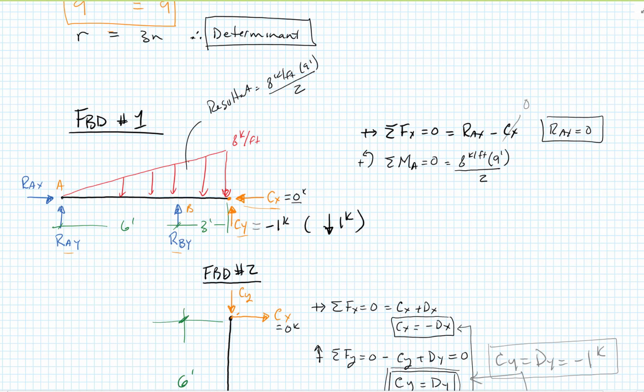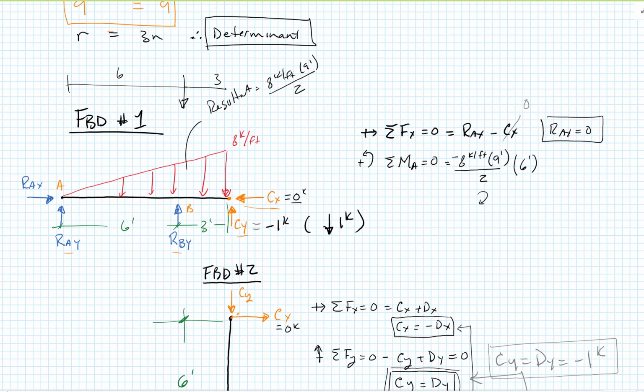And it acts at the 1/3 point. So the 1/3 point would be 6 feet from point A, and it's going in a negative sense. Okay, it's going this way, so I have to have a negative on there.